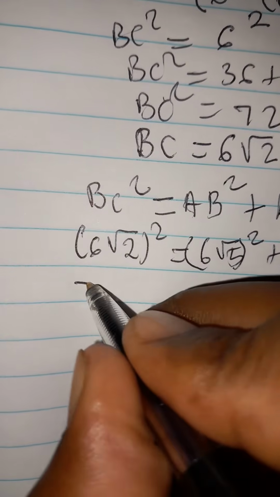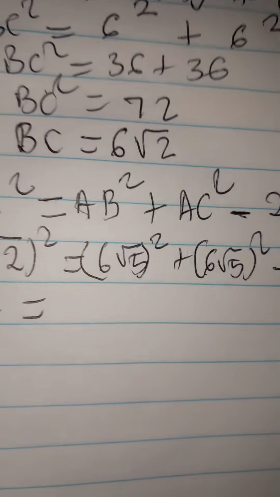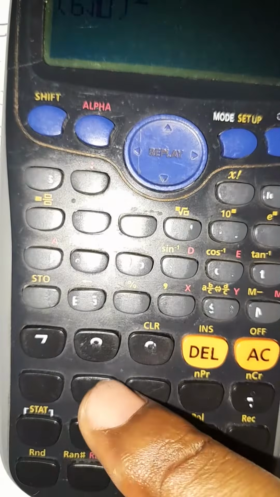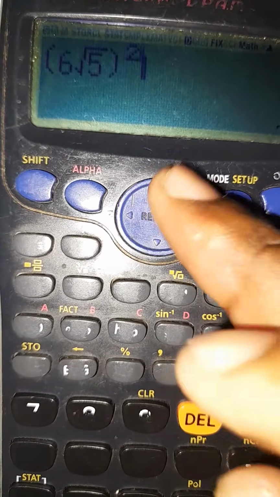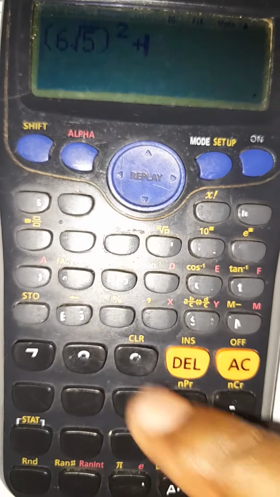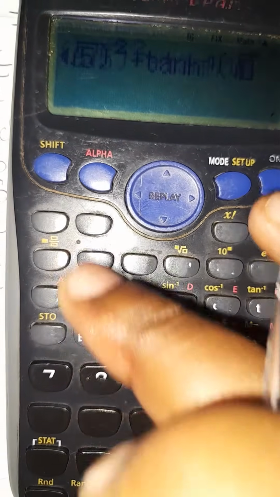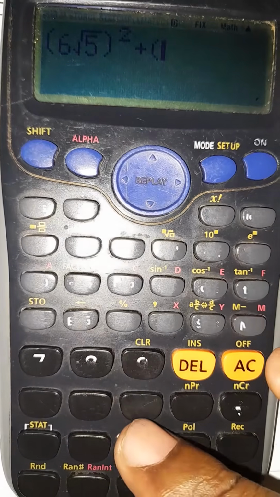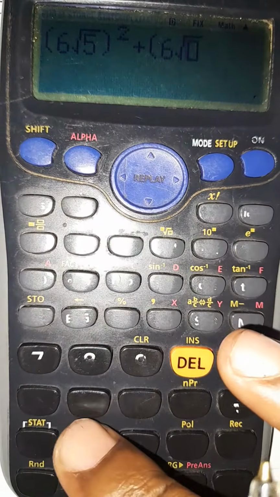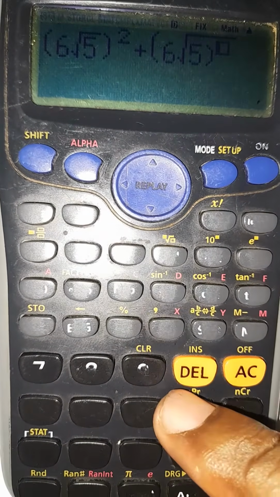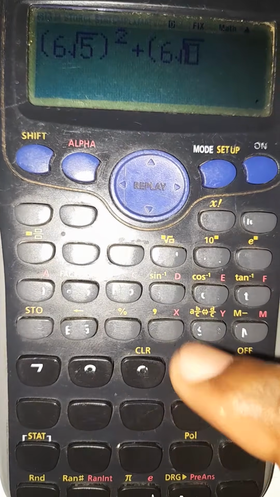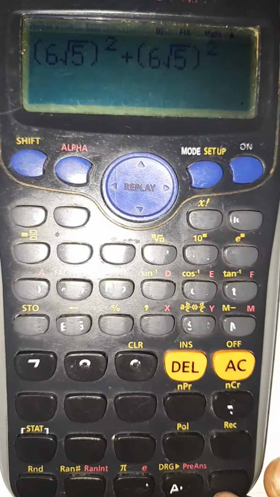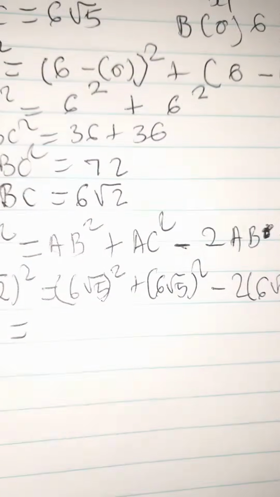Then we put 6 root 5 squared plus 6 root 5 squared.